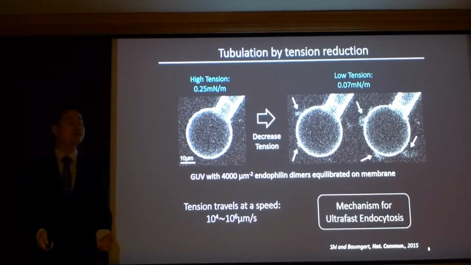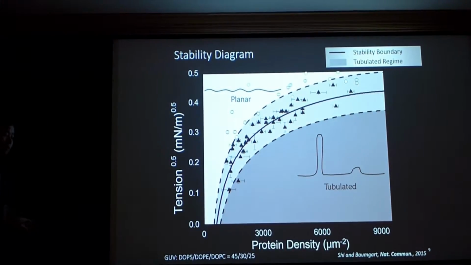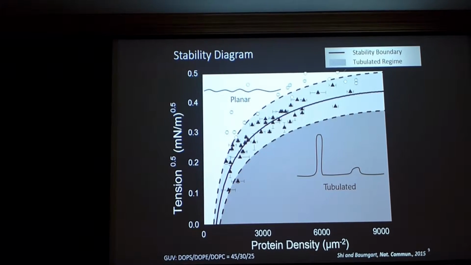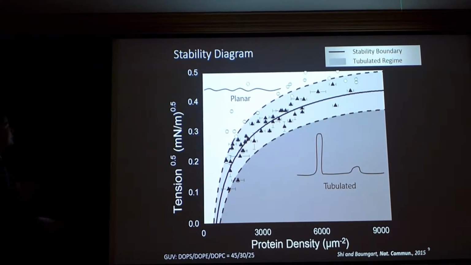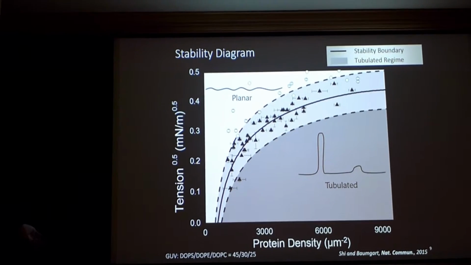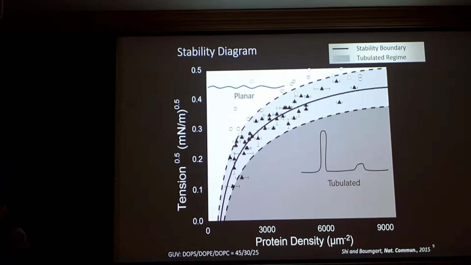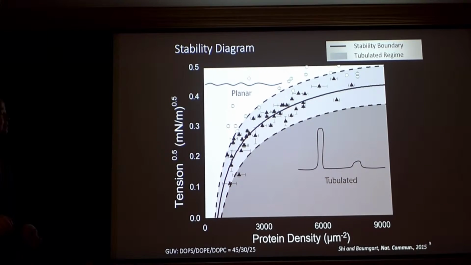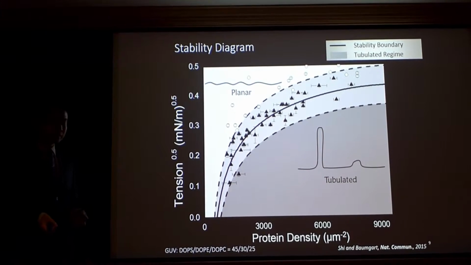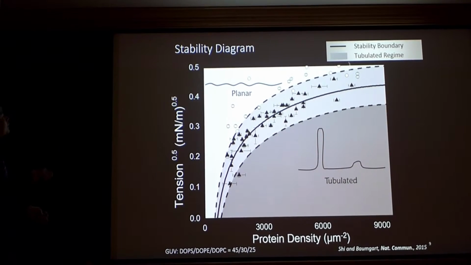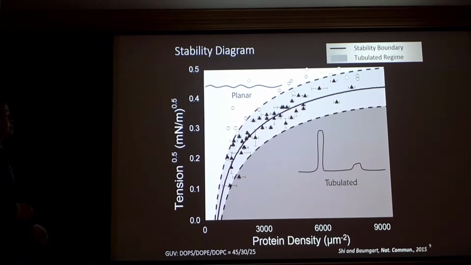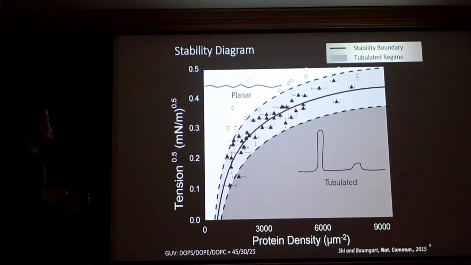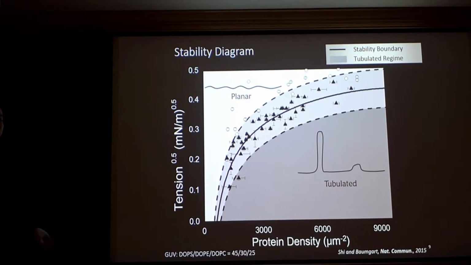And we can further quantify this process by measuring the transition densities for vesicles under different membrane tensions. And eventually we get this stability diagram where each data point here represents an individual vesicle, and the black triangles represent the transition densities for vesicles of different tension, and the white circles represent the maximum density of a vesicle that didn't show tubulation.